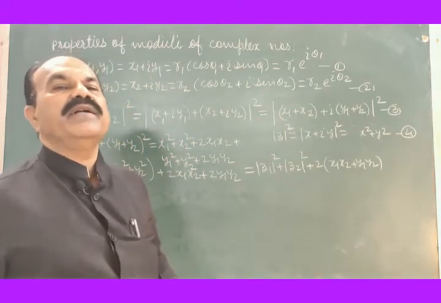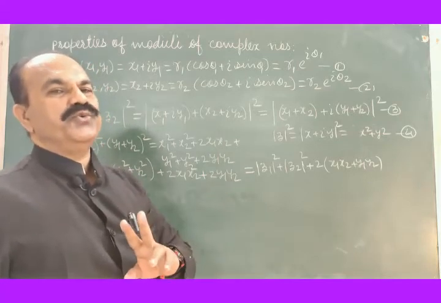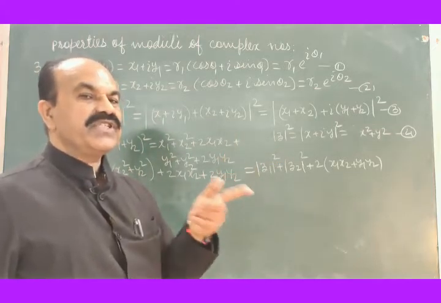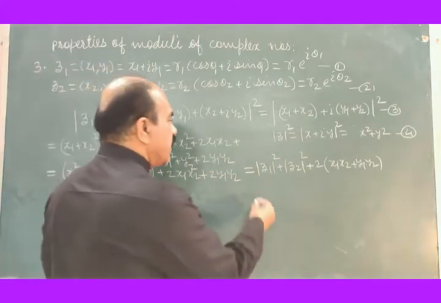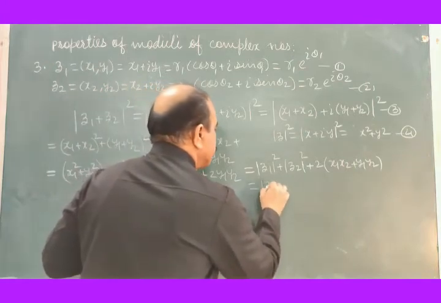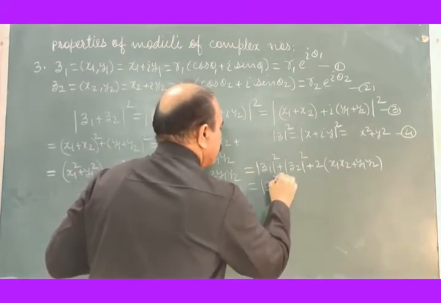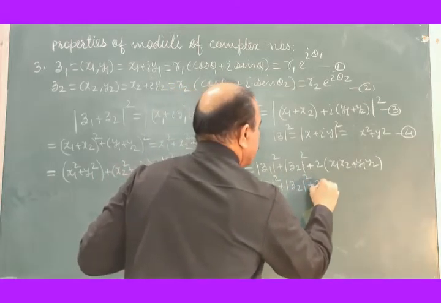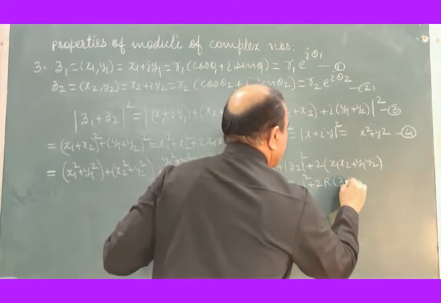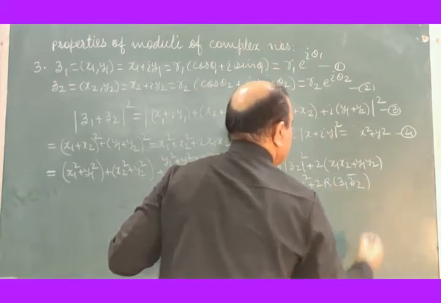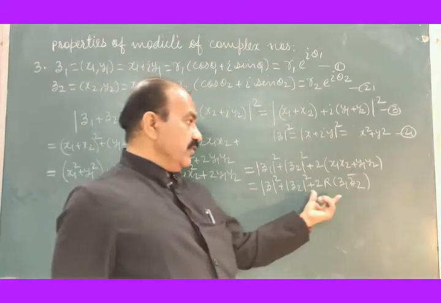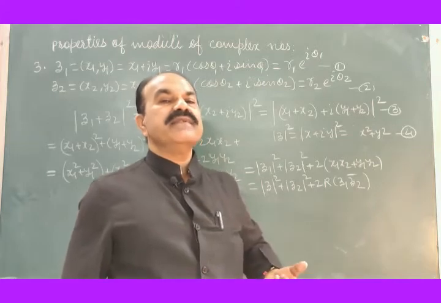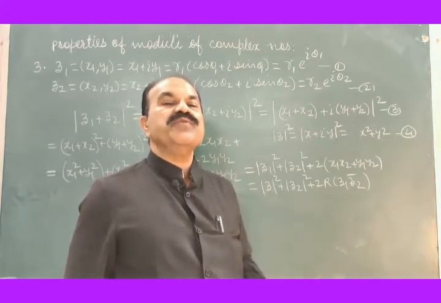It is the real part of Z1 Z2 bar. x1 x2 plus y1 y2 is the real part of Z1 Z2 bar, and therefore this is, but we know 2r Z1 Z2 bar can be replaced by 2 times modulus of Z1 into modulus of Z2.